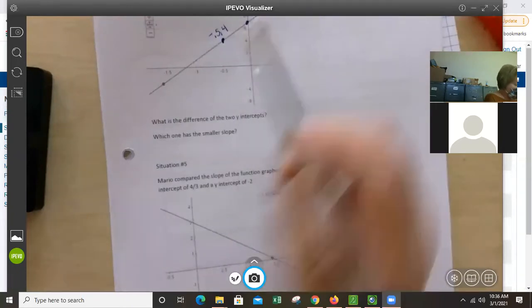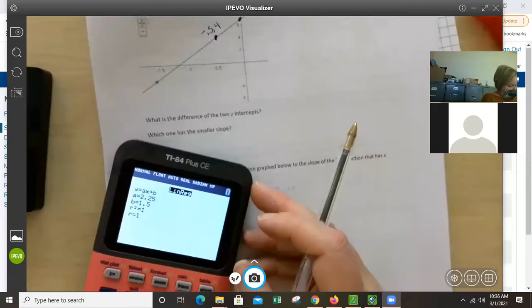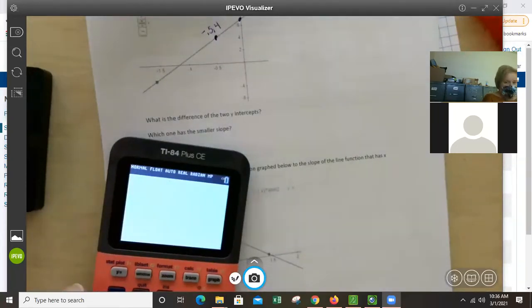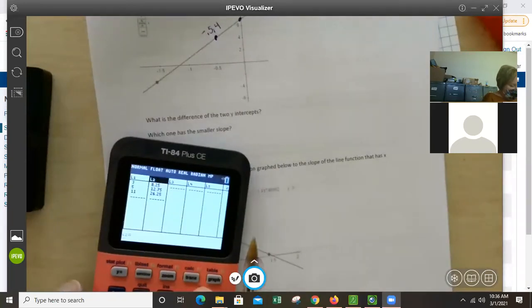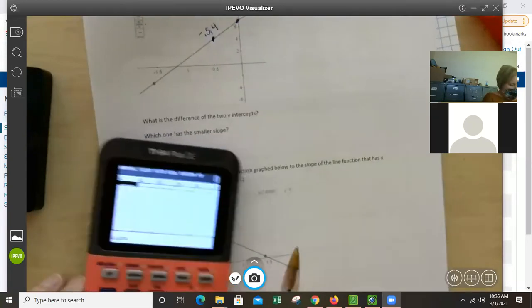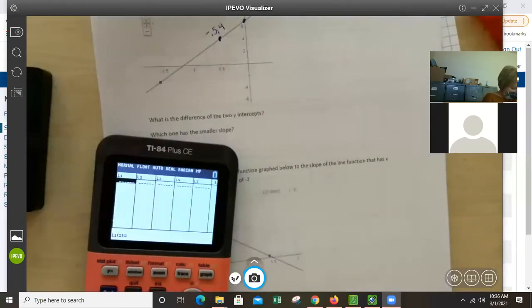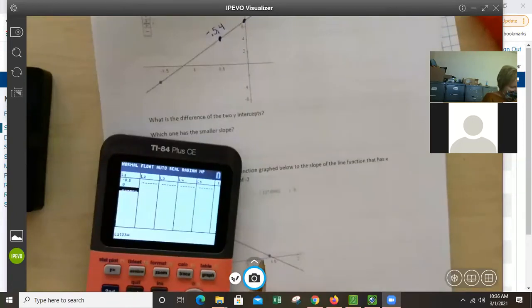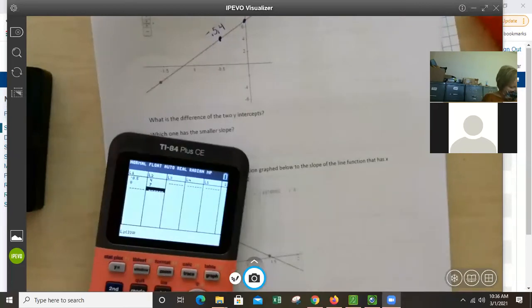So let's find an equation for the graph. I'm going to go to stat, edit, and clear everything out up here. I'm going to enter negative 0.5, enter, 0, enter. Go over and I hit 4, enter, 7, enter.